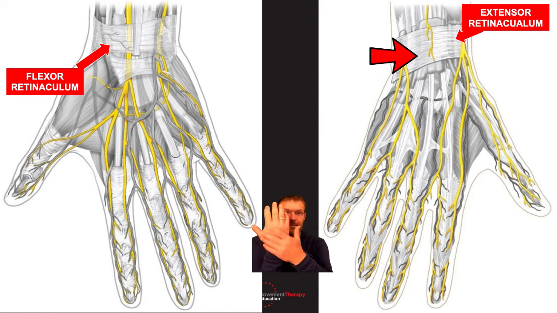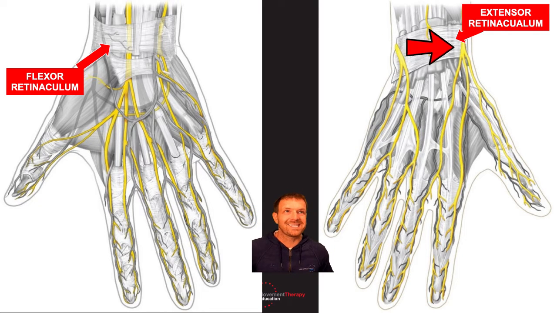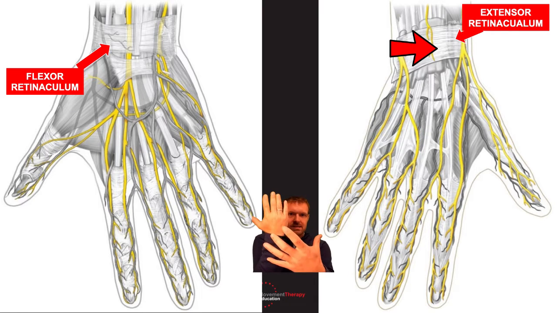And then on the back of the wrist, so the dorsum of the wrist, this bit here, we've got the extensor retinaculum. Okay, so it's the strapping on the back of the wrist basically that keeps all of the tendons that go into the fingers on this side. So if you've got muscles down here that are going to pull the fingers that way, that's into extension.